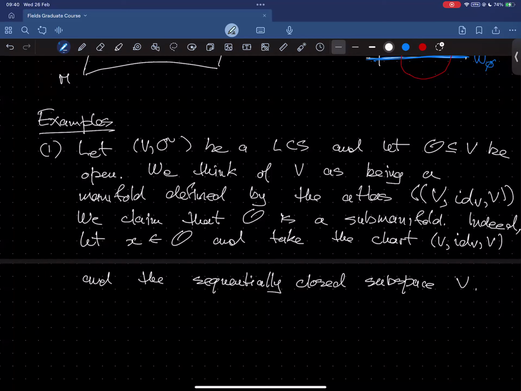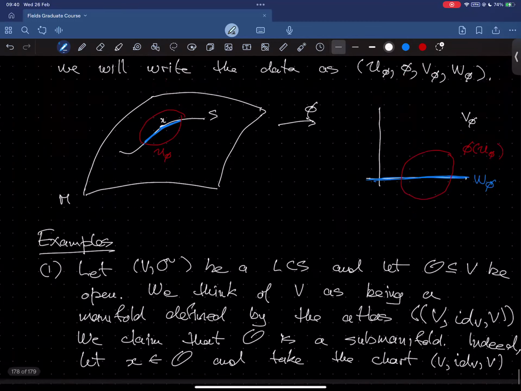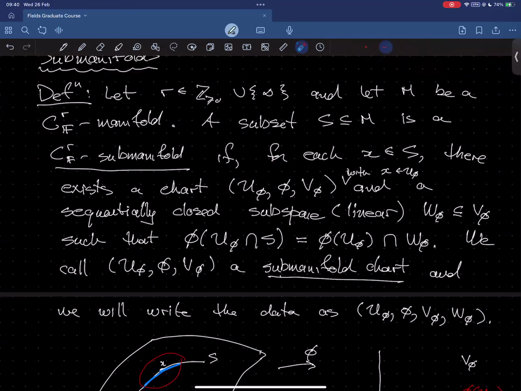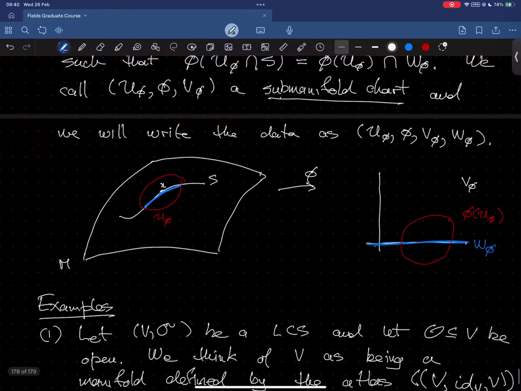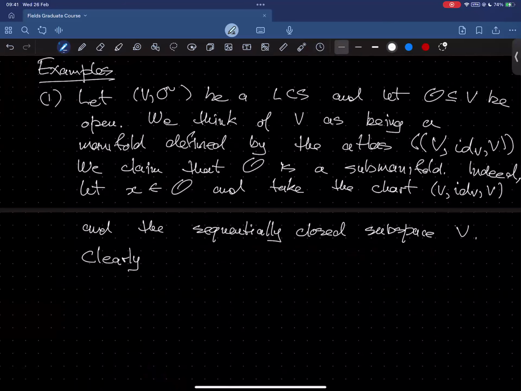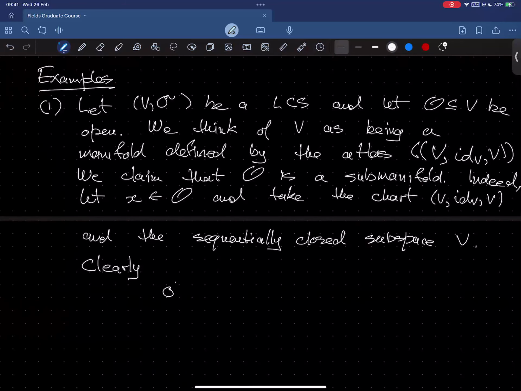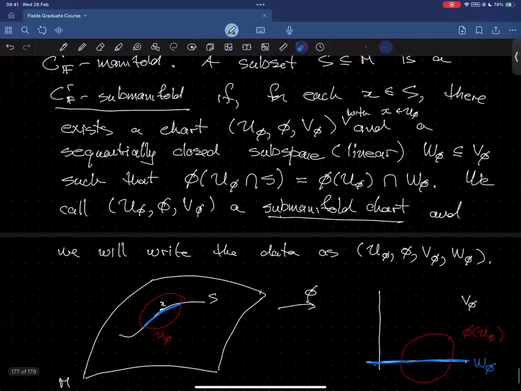And so clearly, right. So what's the thing we have to verify? Okay. Clearly, phi of, right? So what's the definition? The definition is I take the intersection of the chart domain with the submanifold, and I show that that is the intersection of the image of the chart domain with the subspace W phi.